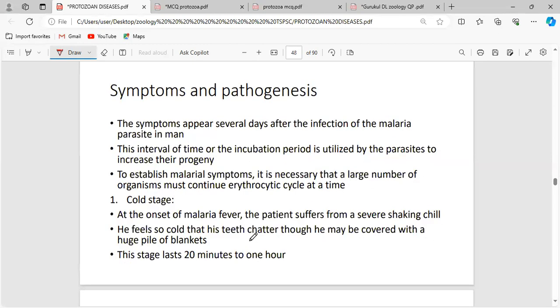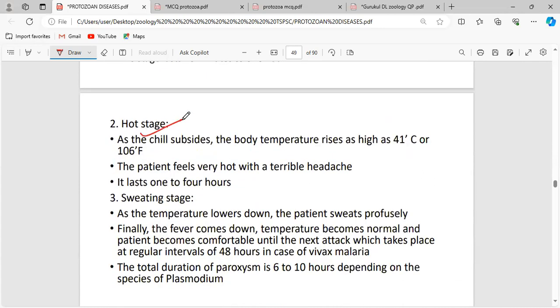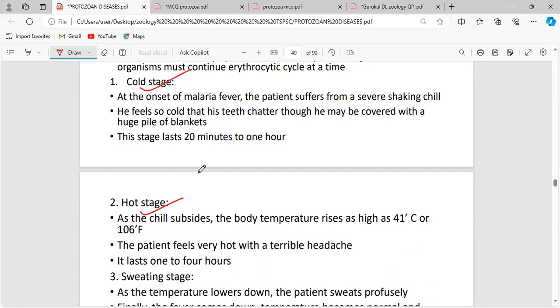Clear? And the symptoms: we know that a cold stage and a hot stage will be there, with chillness and shivering, then a high fever and a sudden rise in temperature. This cold stage will last for 20 minutes to 1 hour, during which the person experiences chillness and shivering.